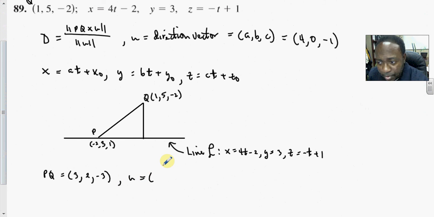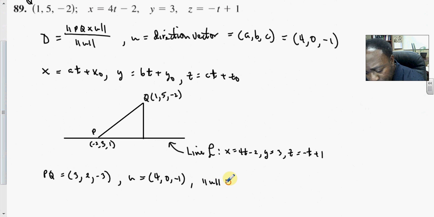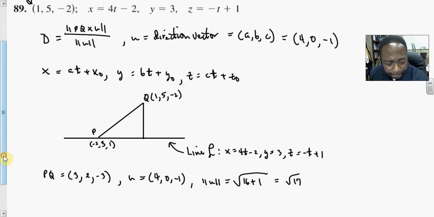It's 4, 0, -1. We need its norm. So the norm of U is the square root of 4 squared, 16, plus 0 squared, 0, plus -1 squared. So we get the square root of 17.